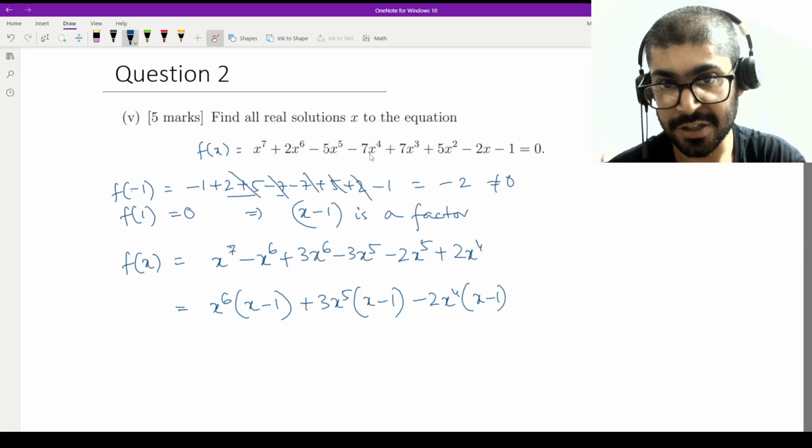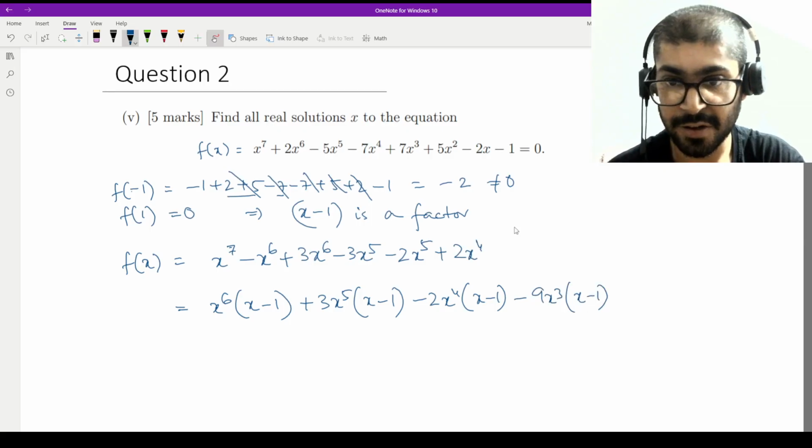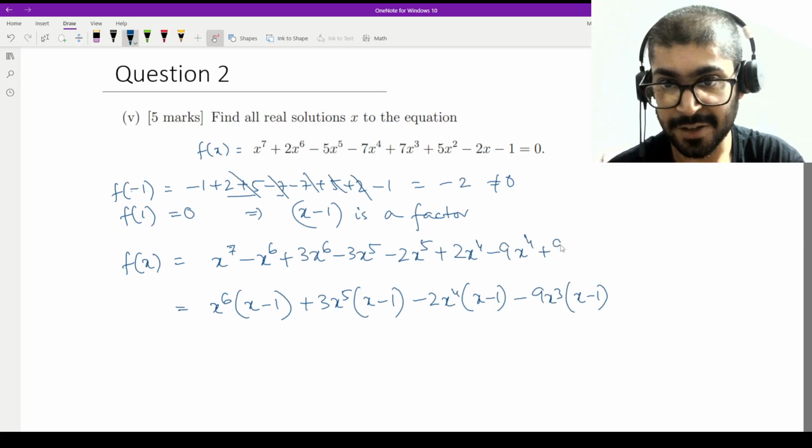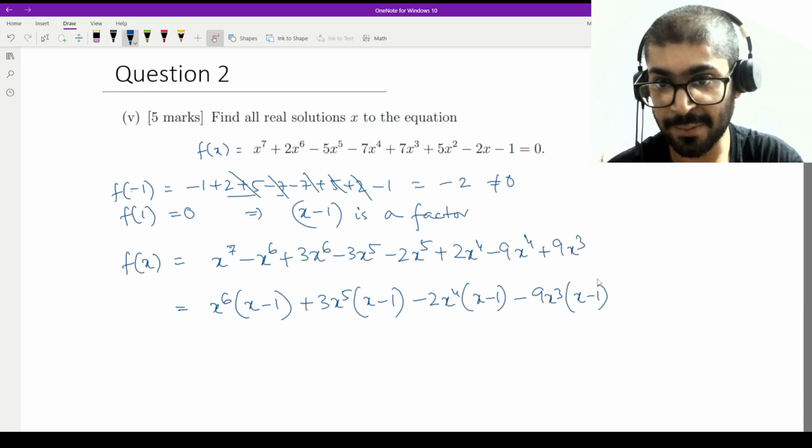Now I would have to reach minus 7x to the power 4, so it will be minus 9x cube into x minus 1. That would give me minus 9x to the power 4 plus 9x cube. Now I have to get back to 7x cube, so I'll do minus 2x square into x minus 1. That would give me minus 2x cube plus 2x square.